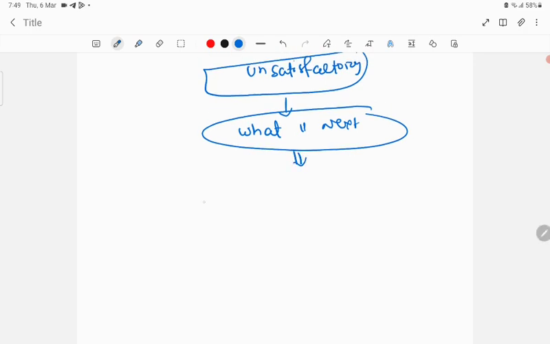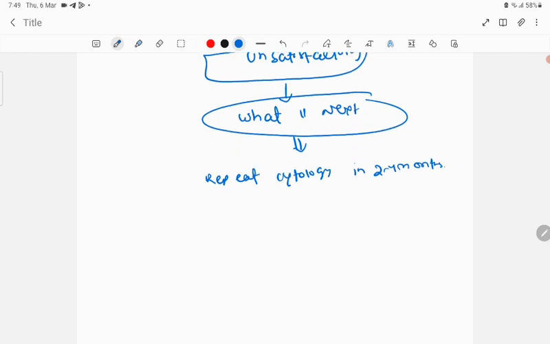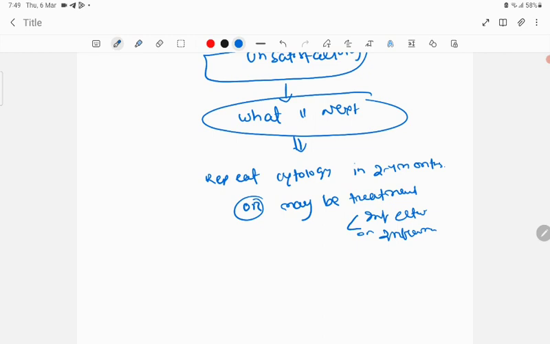The next step will be to repeat the cytology, repeat the test in 2 to 4 months, or maybe you can give treatment for infections or suspected inflammations.